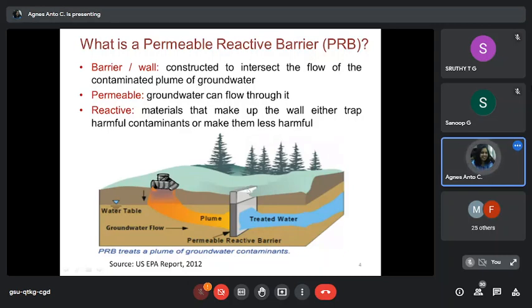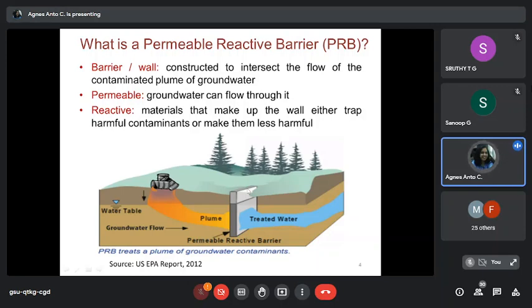So permeable reactive barrier, as the name suggests, is a barrier or an obstruction which intersects a contaminated plume. It comprises some material which is reactive in nature, so that it is capable of treating your contaminants, and then it allows the groundwater to flow through it, and in the flow it gets treated and leaves the PRB as treated water.